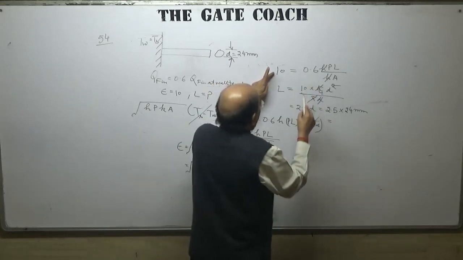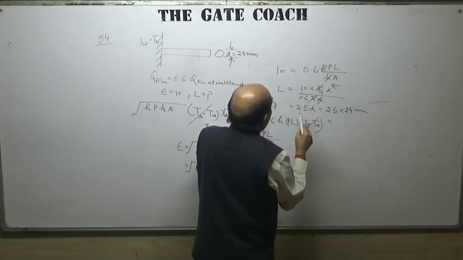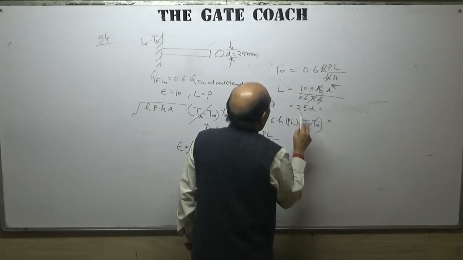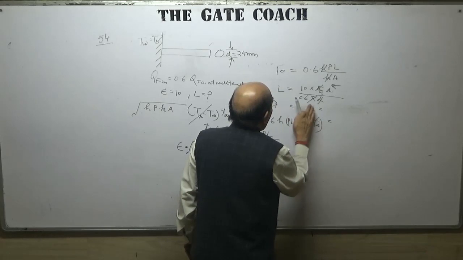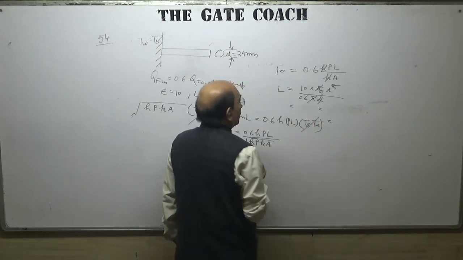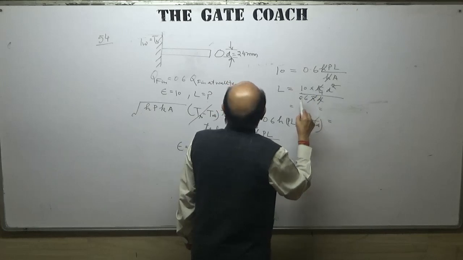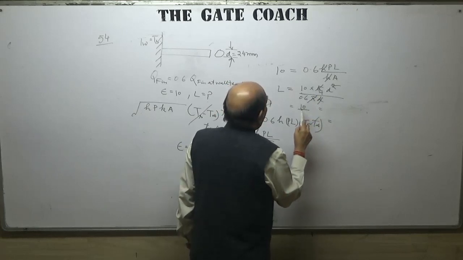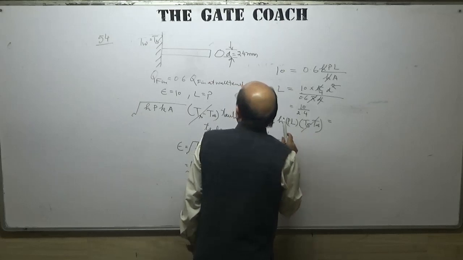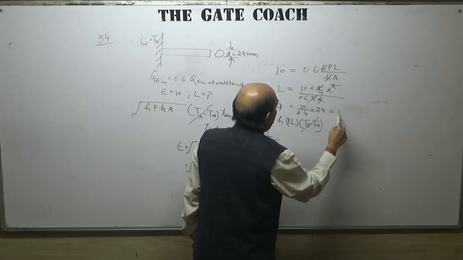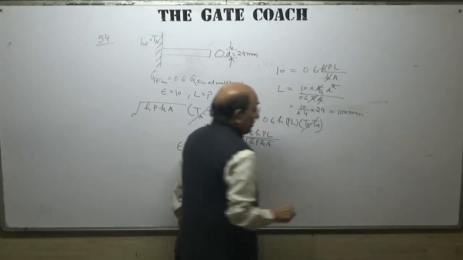L is equal to 10, and this 0.6 shall come here, then upon 2.4, and 24, which comes out to be 100 millimeter.